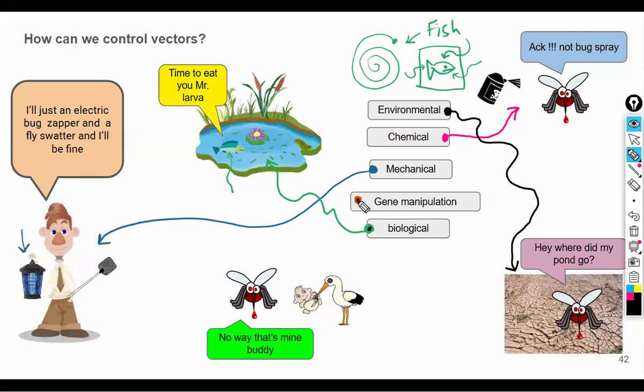An example of gene manipulation is that they manipulate the DNA of certain insects, like a mosquito. They will get some mosquitoes and alter their DNA so they're unable to reproduce. So these mosquitoes can't have children mosquitoes, right?